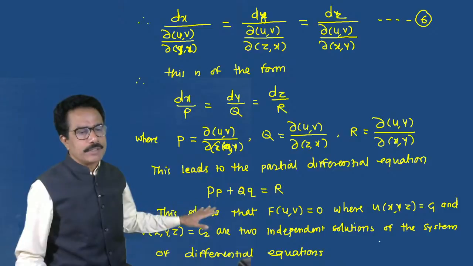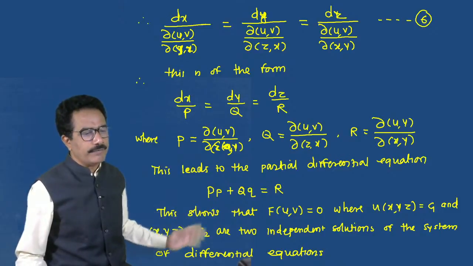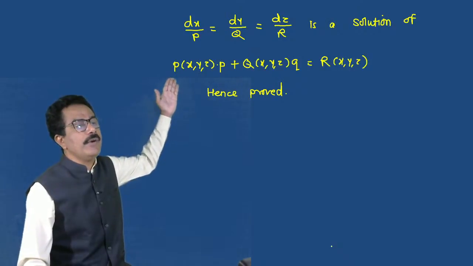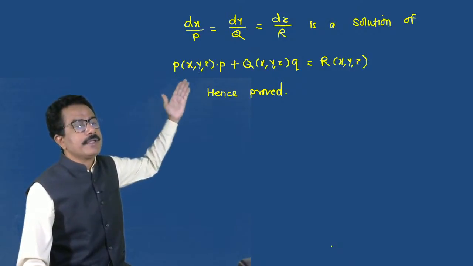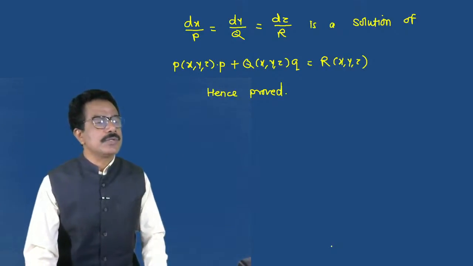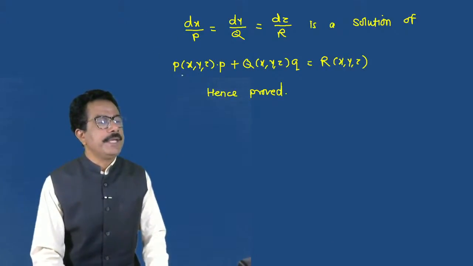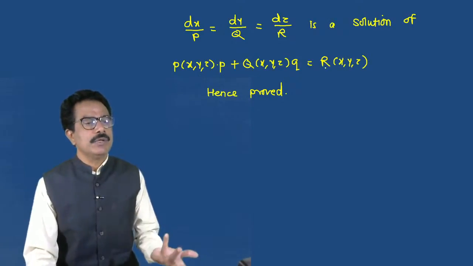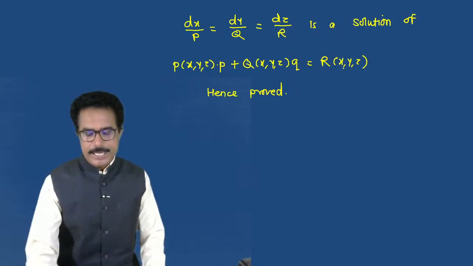There are two independent solutions of the system of differential equations, which is represented by the auxiliary form dx/P, dy/Q, dz/R, and it is the solution of P p + Q q = R, where P, Q, R are functions of x, y, z, and hence proved.